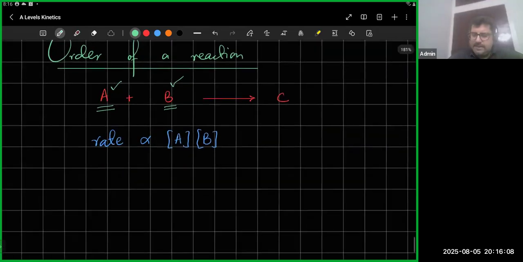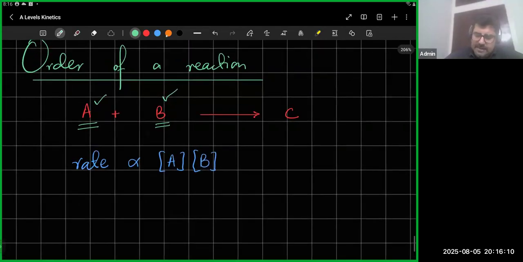But there's a thing called order of reaction. The rate would depend on the concentration of A, but there's going to be a power, an exponent, which is small a in this case. And the rate would depend on the concentration of B, but it's also going to have a small b power on it.